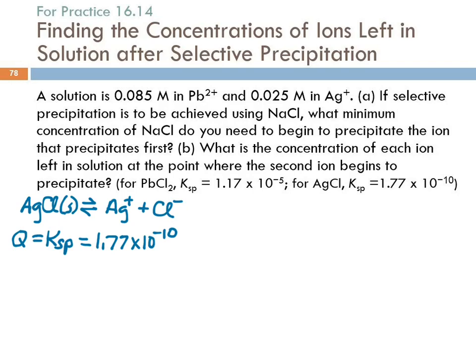And that equals the silver ion concentration, which we're given, 0.025, times the chloride ion concentration. So that's a simpler calculation. 1.77 times 10 to the minus 10 divided by 0.025.